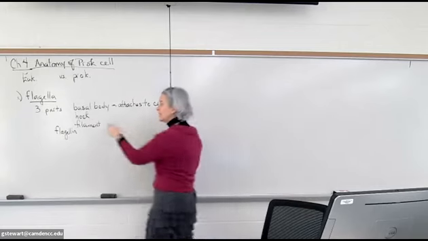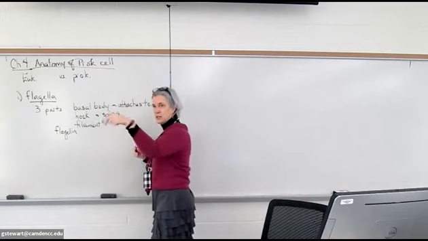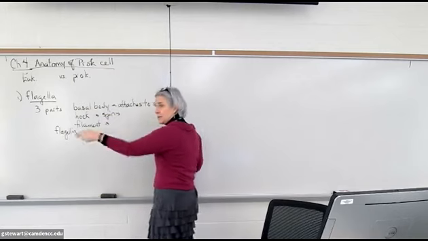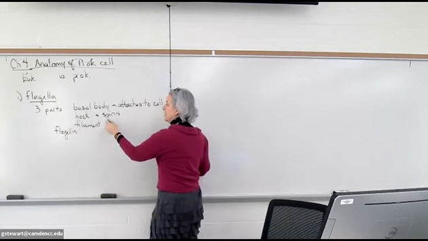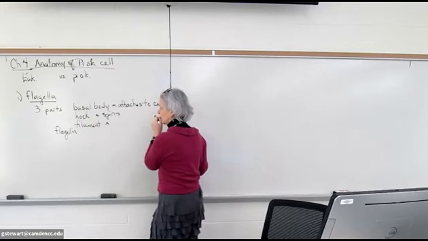The hook is the part that spins because it's curved, right? It actually does this. And the filament is what you want to think of as the tail or the extension that actually forces the bacteria through the media, right?